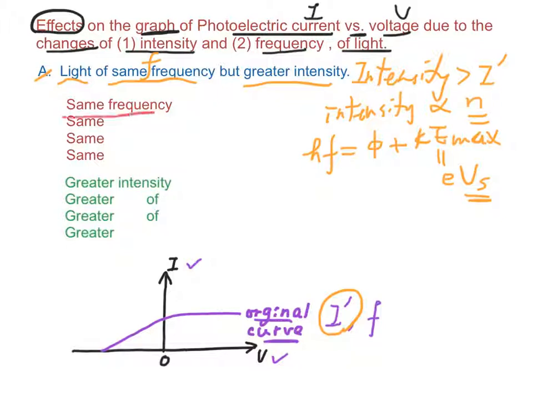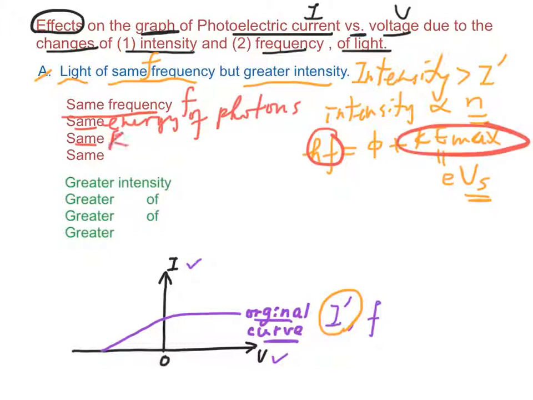For the same frequency of light, f, we have the same energy of photons. Therefore, we have the same maximum Ke of photoelectrons emitted. Also, we have the same stopping potential, Vs.